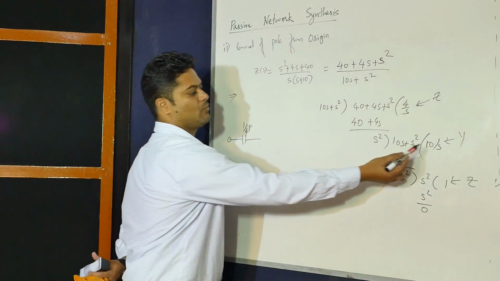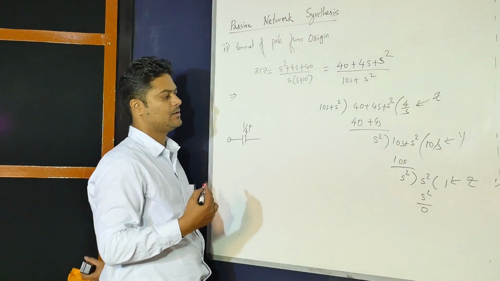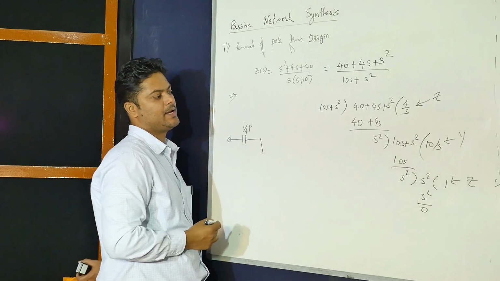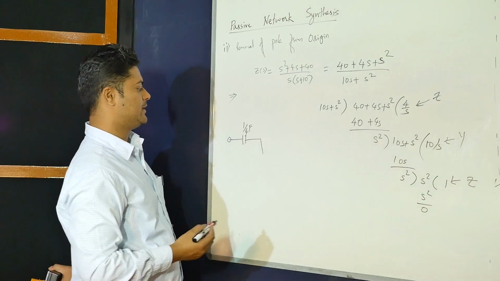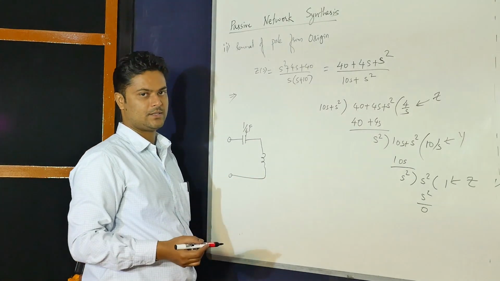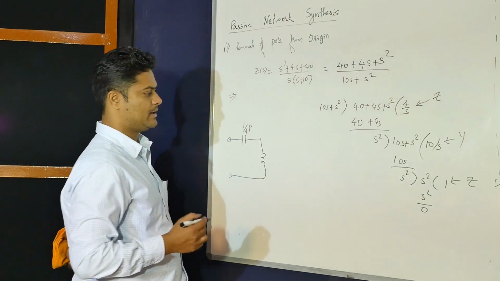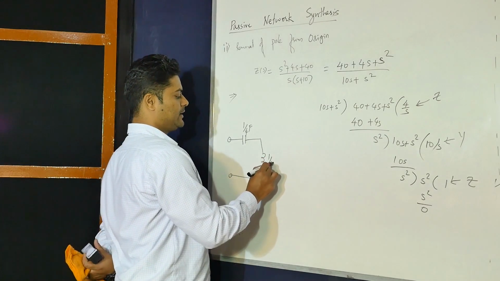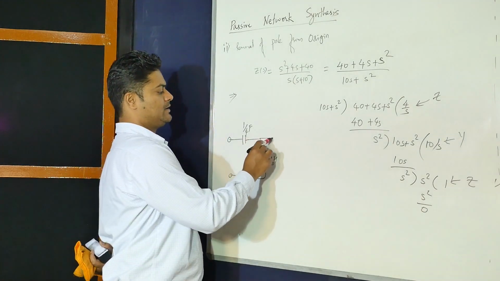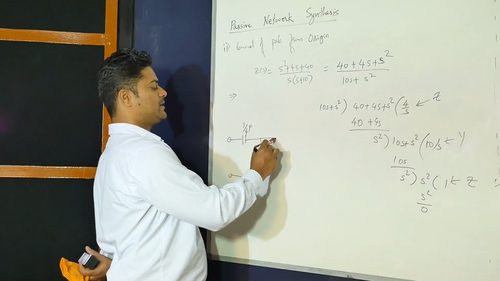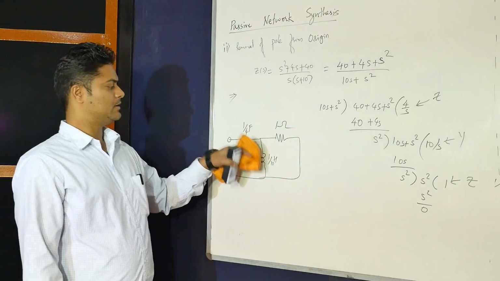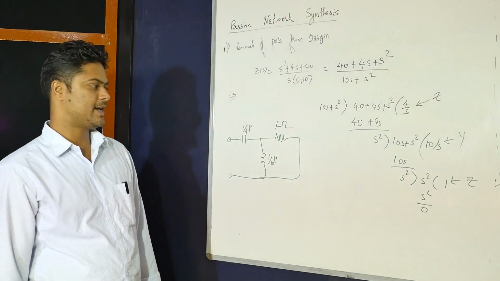The next is Y. Y is nothing but a parallel. 10 by S means it is having an inductor, 1 by LS. So it is 1 by 10 Henry. The third again in series, but Z is equal to 1 indicates 1 ohm. This is the complete network which we have realized.